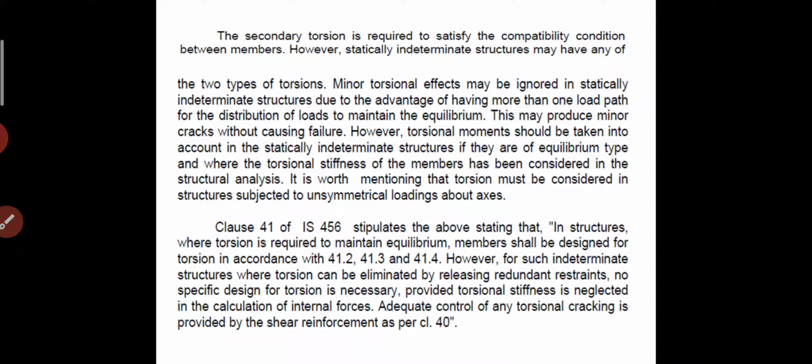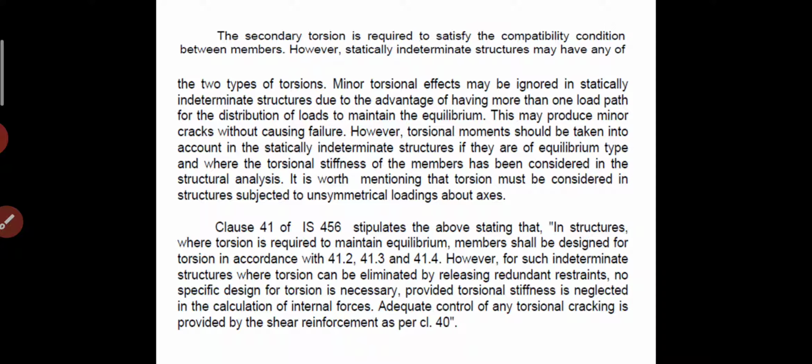However, for such determinate structures where torsion can be eliminated by releasing redundant restraints, no specific design for torsion is necessary, provided torsional stiffness is neglected in the calculation of internal forces.